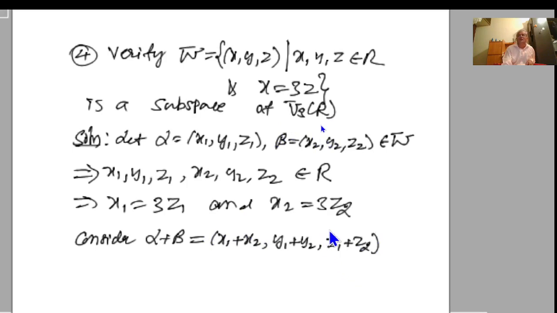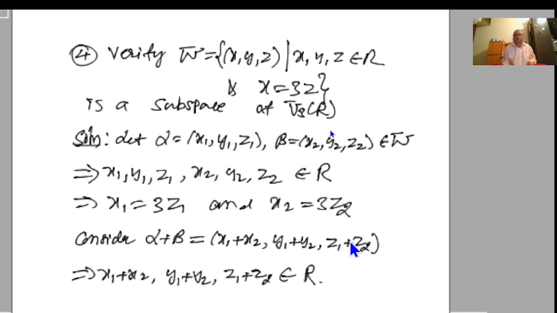Then we say that alpha plus beta belongs to W. So here x1, y1, z1, x2, y2, z2 belong to R. Therefore their addition also belongs to R.